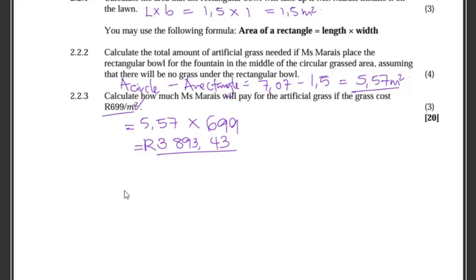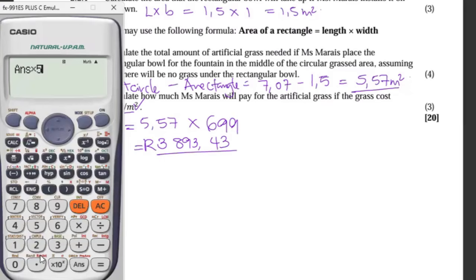That is it. You can use a calculator at this moment in time. The area that you've got there times 699 rands. And the answer, you get it as that.